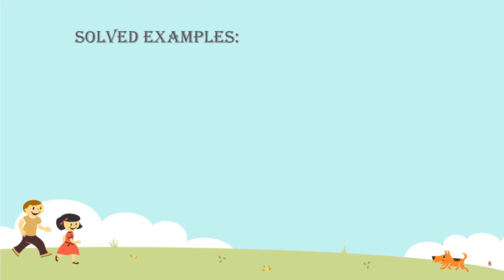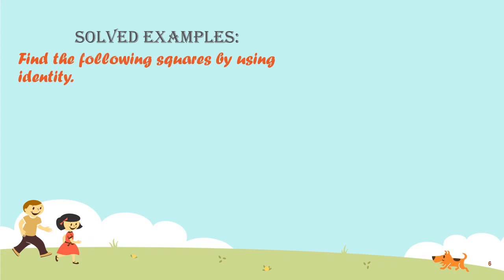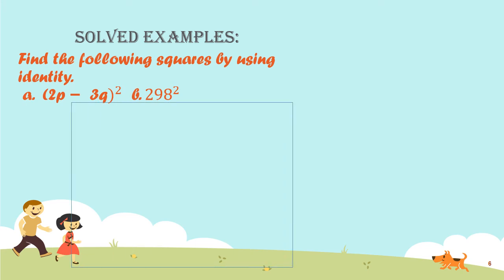Let us discuss some solved examples. Find the following squares by using identity. 2p minus 3q the whole squared and 298 the whole squared. As you see here, the question given is 2p minus 3q the whole squared. Because it comes as minus, we have to go for the second identity.